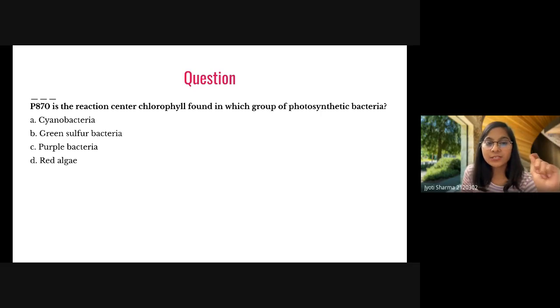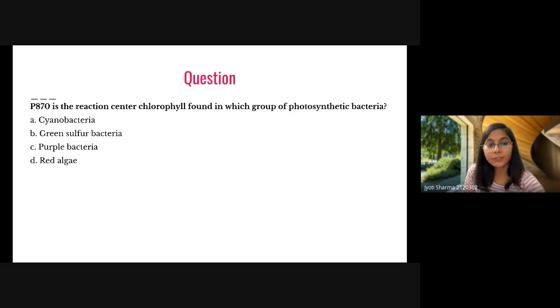P870 is the reaction center chlorophyll found in which type of photosynthetic bacteria? The options are cyanobacteria, green sulfur bacteria, purple bacteria, and red algae. Each organism has a different efficiency, or a different range of taking sunlight from different wavelengths. So when they take the 870 nanometer wavelength range of sunlight for photosynthesis, what kind of photosynthetic bacteria am I talking about?